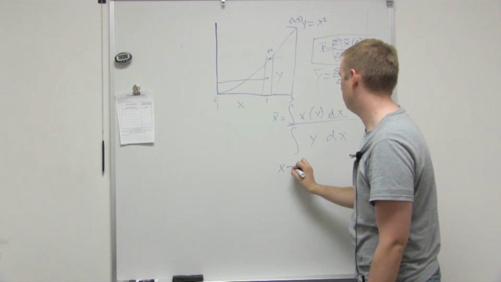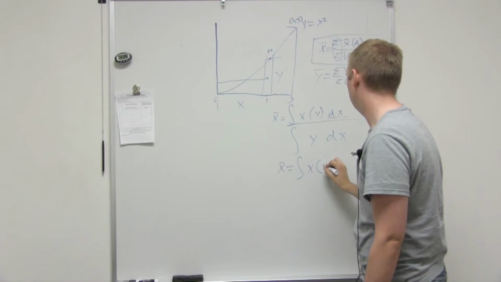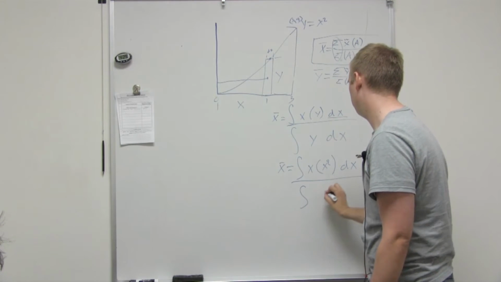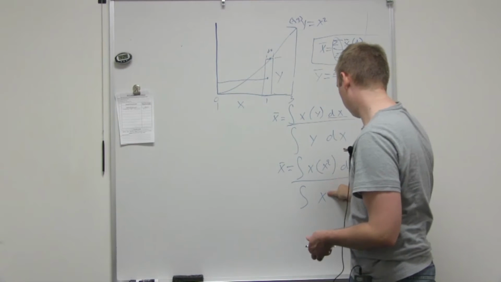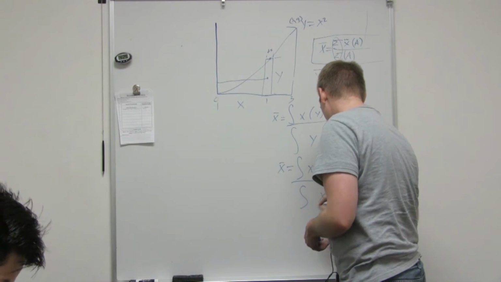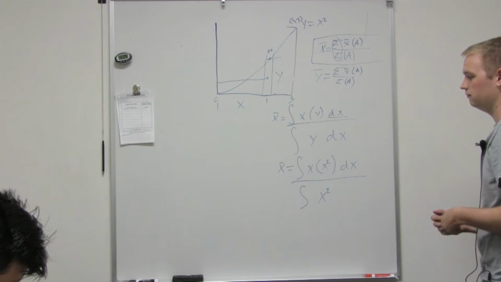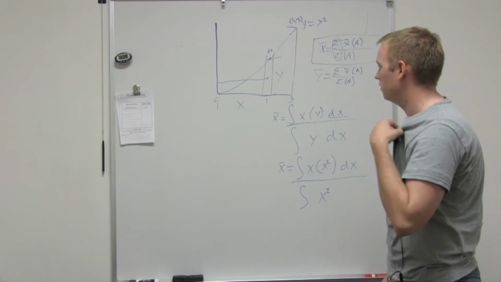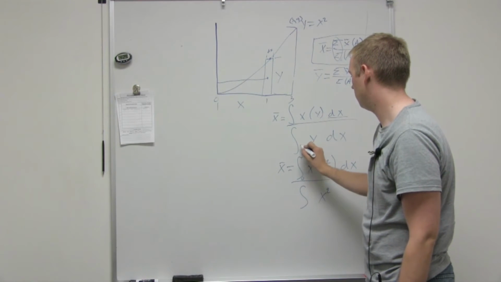So now x bar equals the integral of x cubed dx divided by the integral of x squared dx. What are our limits of integration? 0 to 3.